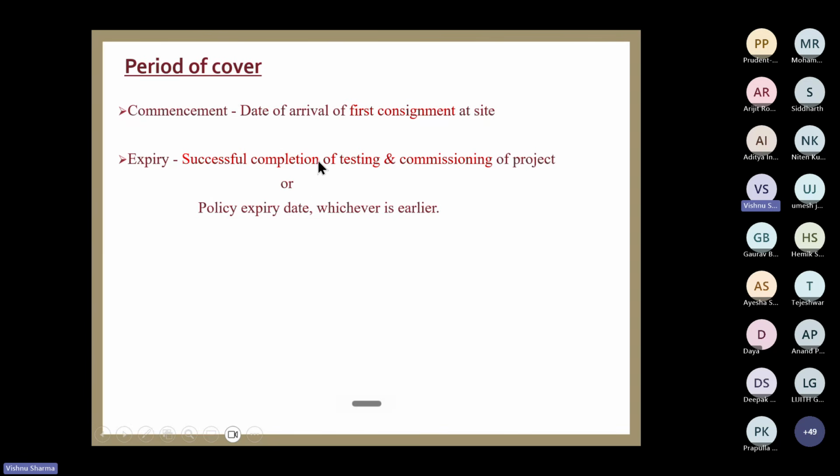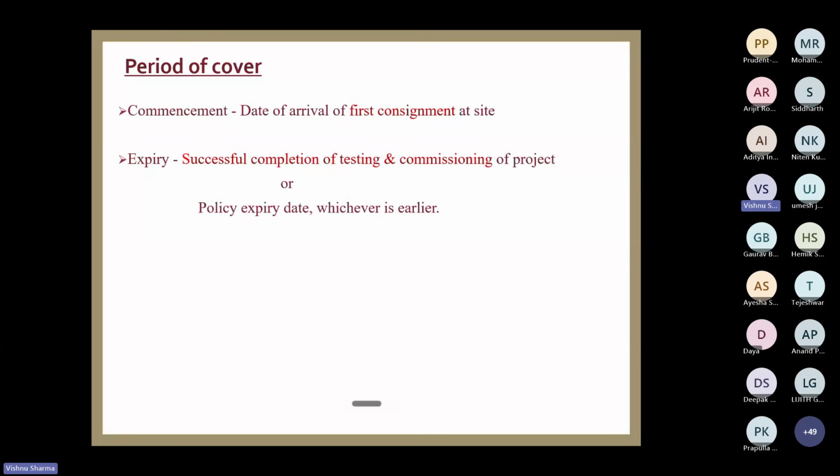If the plant is successfully tested and commissioned, that is the end of the policy. Even if the policy expiry date is 6 months ahead, the policy will still end at the moment the contractor declares that my plant is tested and commissioned.